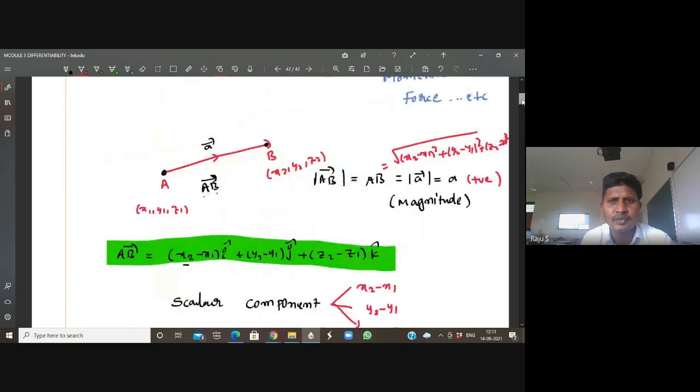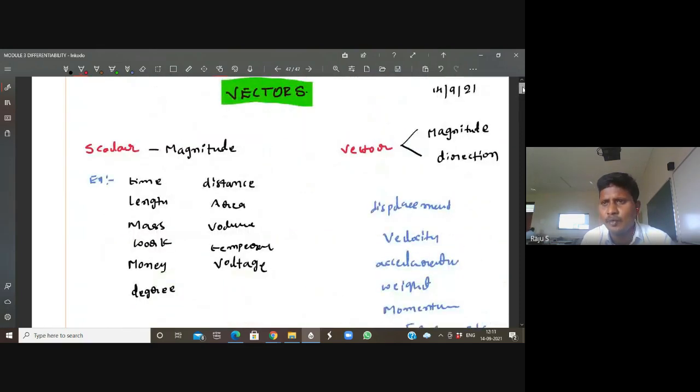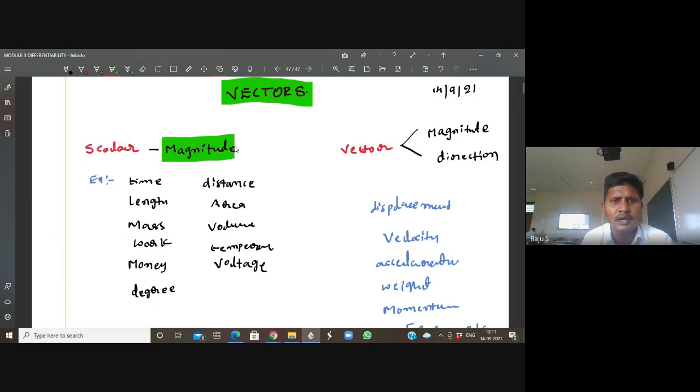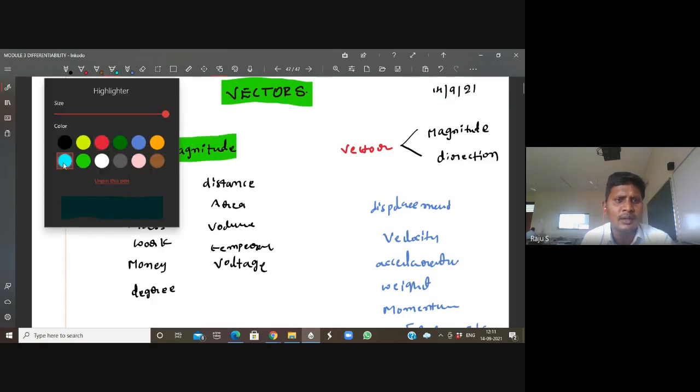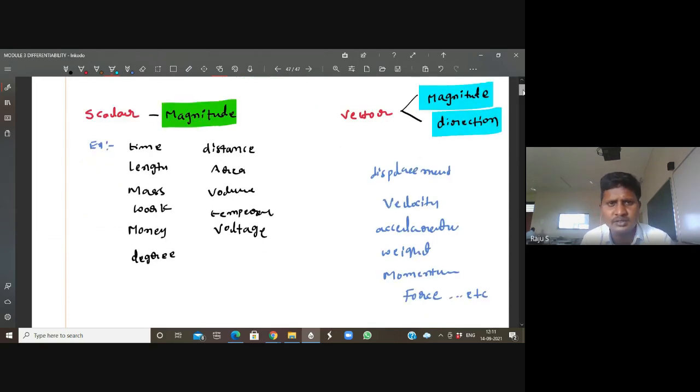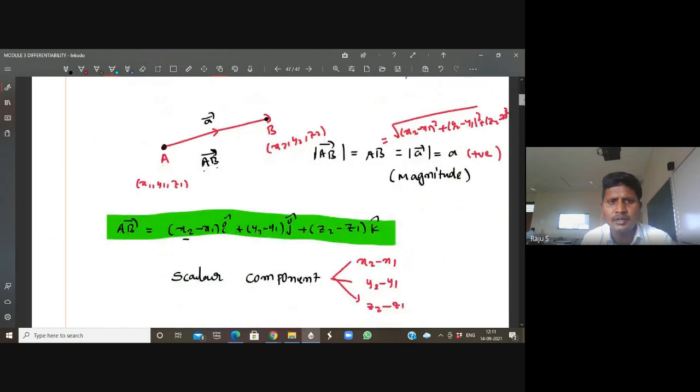Okay, there are two types of quantities. The quantities which involve only magnitude are called scalars. The quantities which involve magnitude as well as direction are called vectors. To take any vector, it requires one starting point and one ending point. The starting point is called the initial point, and the ending point is called the terminal point.